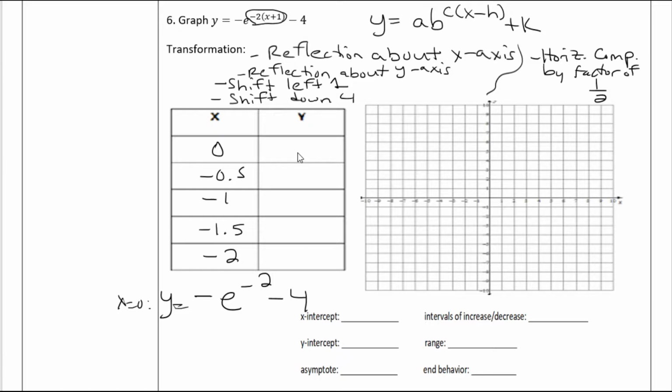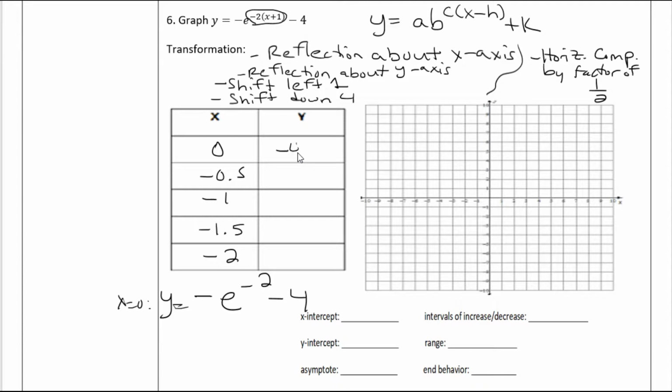So for x equals 0, negative e to the negative 2 minus 4.